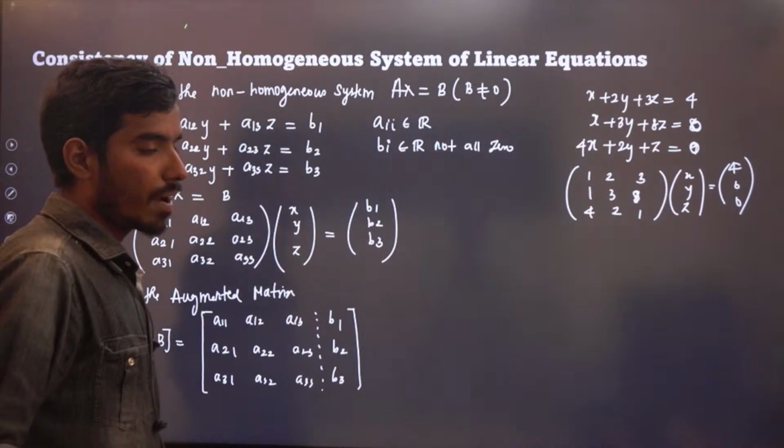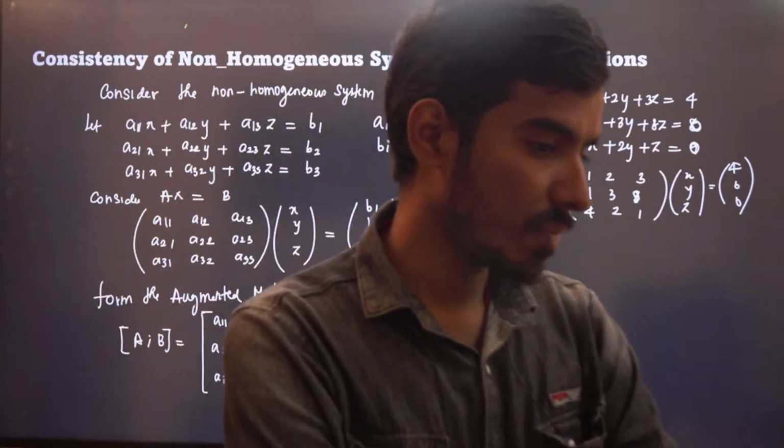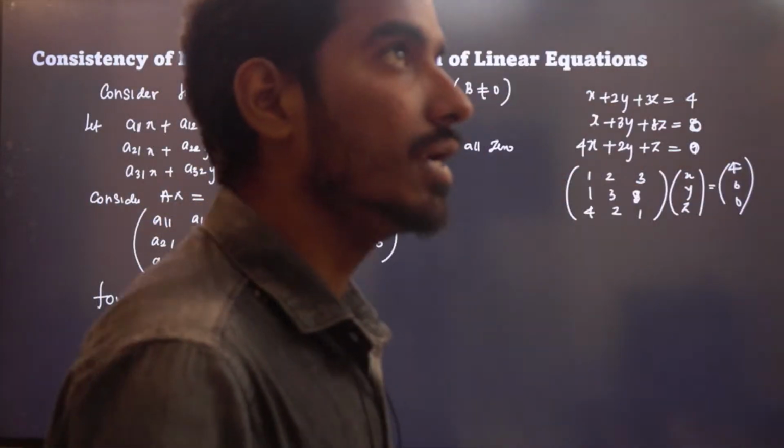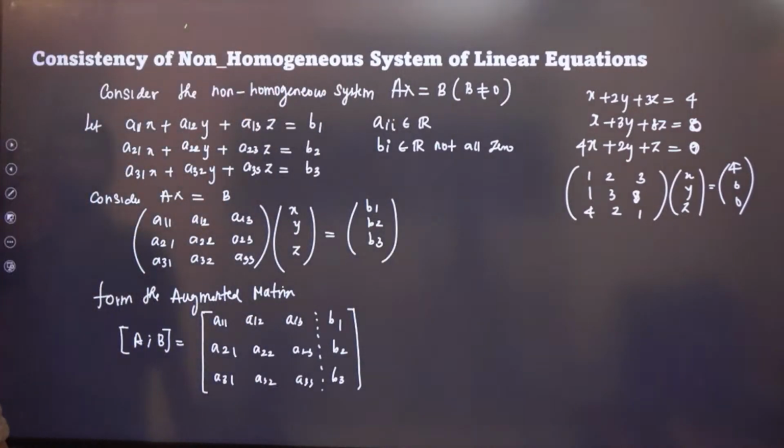What is your augmented matrix? You have an augmented matrix, right? You reduce this matrix to row echelon form. You know how to reduce the matrix to row echelon form, right?